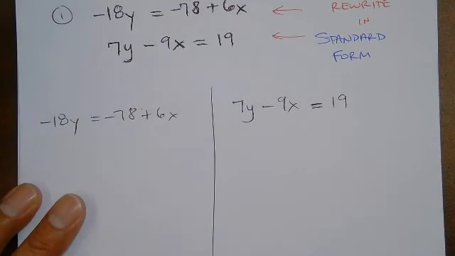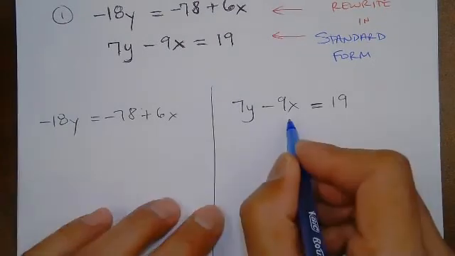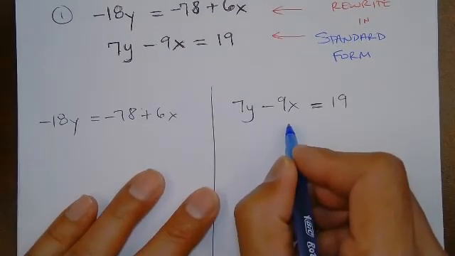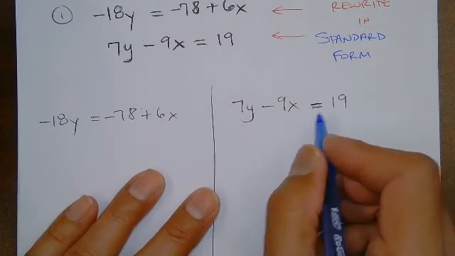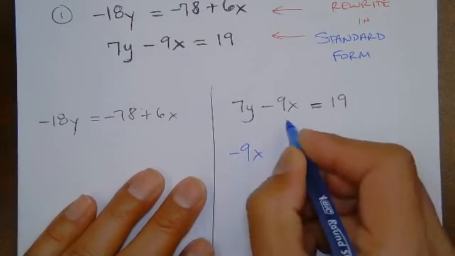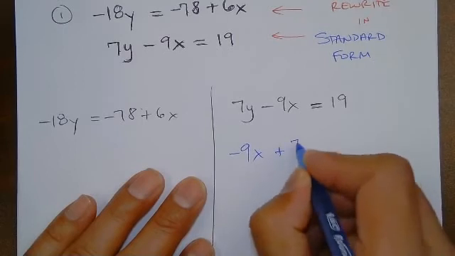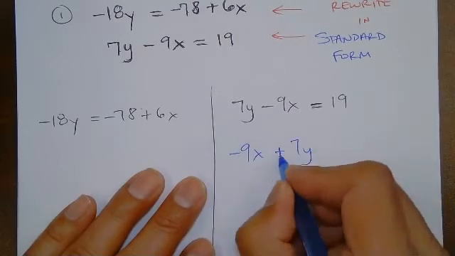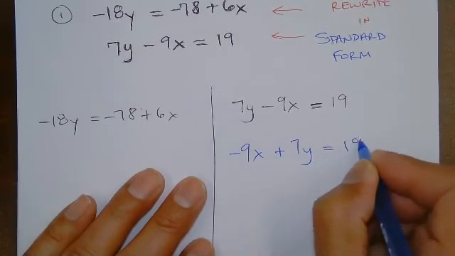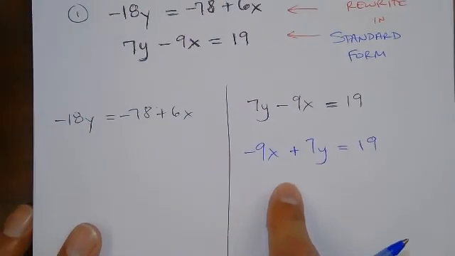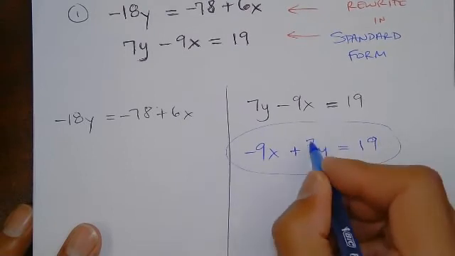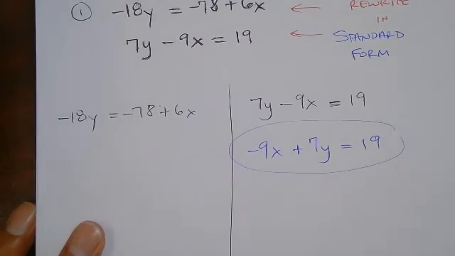It's not much of a big deal, but what would be the way to rewrite this one? Just put the negative 9x first, and then the 7y is a positive, so this one's positive, right? Equals negative 19. Okay, that's okay. You can leave it like that. Okay, so this one I'm going to circle it because this one's good to go. That's already in standard form.